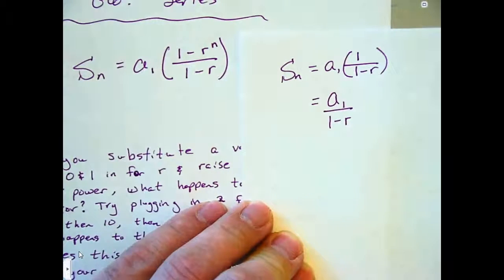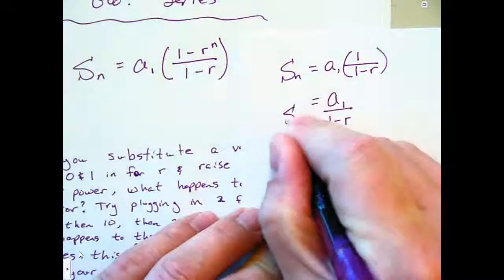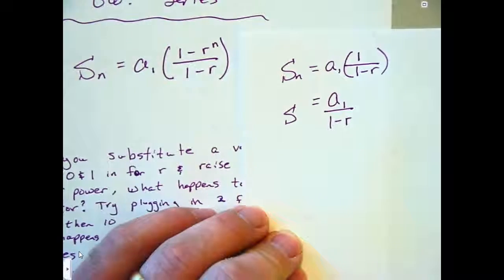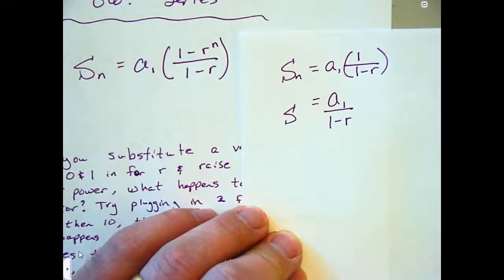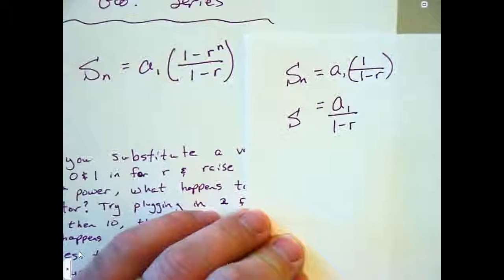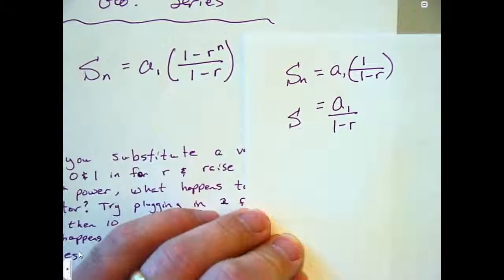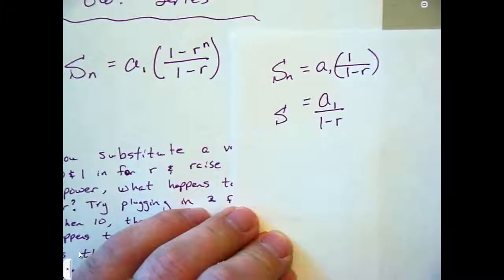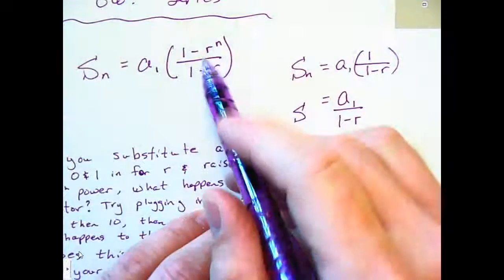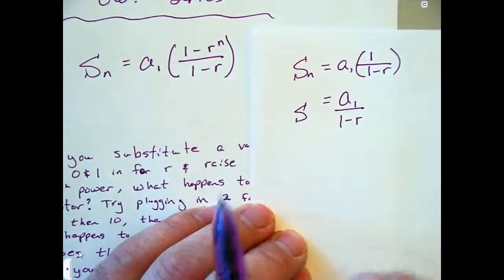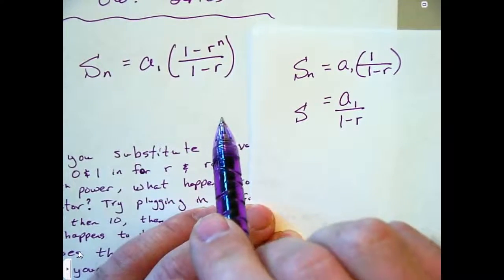Okay? That is the sum of what we call an infinite geometric series, which seems weird when you say, hold on, I'm finding the sum of an infinite series. So this formula changes. How does it change? Well, r is actually between negative 1 and 1.